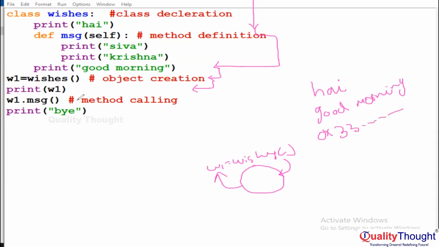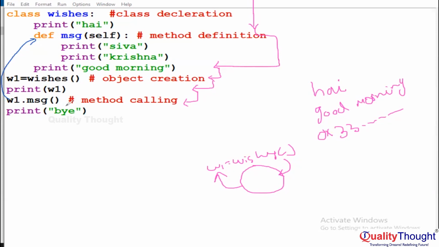Okay. Next one, control goes to this statement. Which statement is this? Method calling. Then immediately control will go to the method definition. Observe very clearly, here one default parameter is there, that is self.